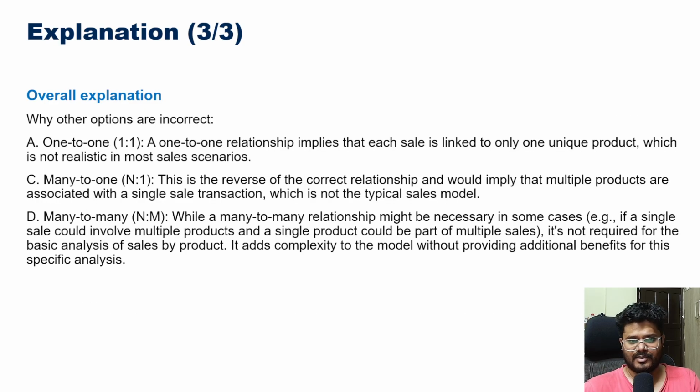The last slide covers why other options are not correct: what is one to one, what is many to one, and what is many to many relationship. You can pause these explanation parts to practice and understand the different relationship types, cardinality in Power BI Desktop. That covers the explanation.